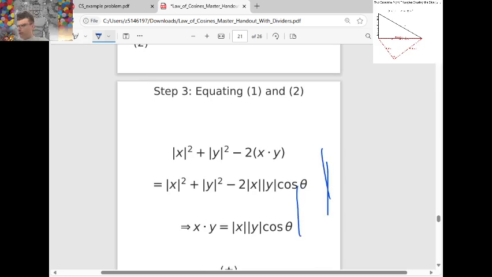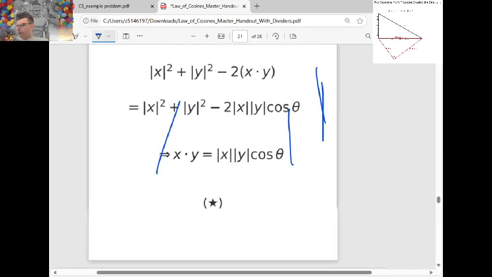Why is it drawing now? I'm trying to scroll with my finger and it's drawing for some reason. There we go. You end up with x dot y equals the magnitude of x times the magnitude of y, sorry, times cos theta.